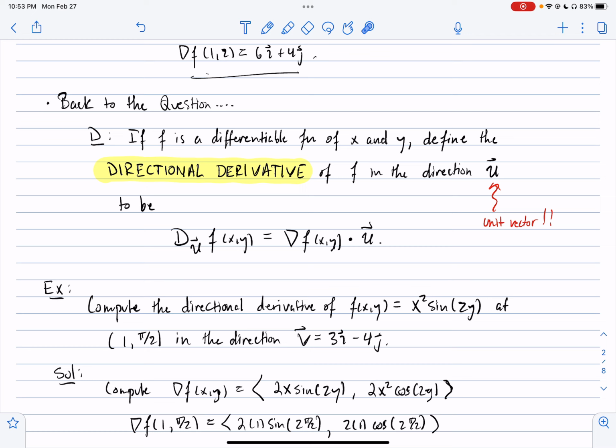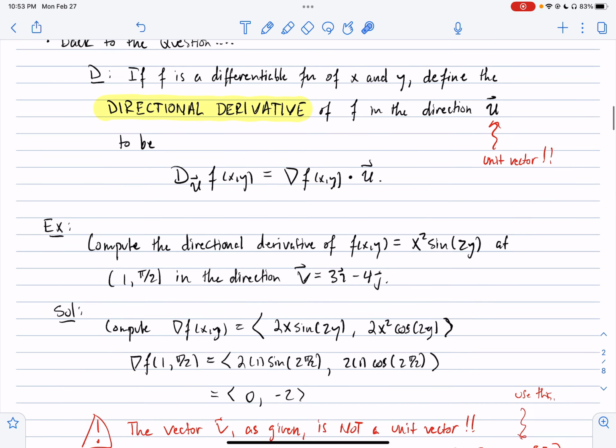So if f is a differentiable function of two variables, x and y, then we define the directional derivative of f in the direction u to be the dot product between this gradient vector and the vector u, which is the direction we want to take the derivative in.